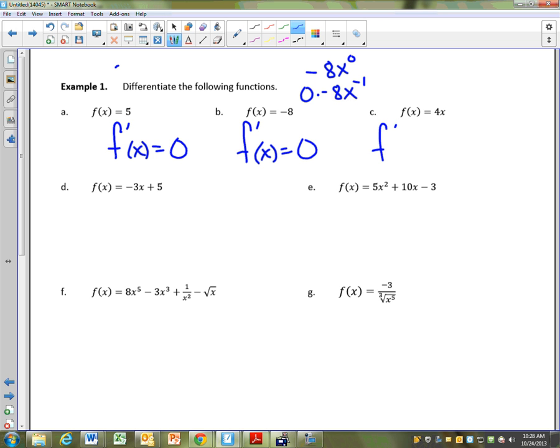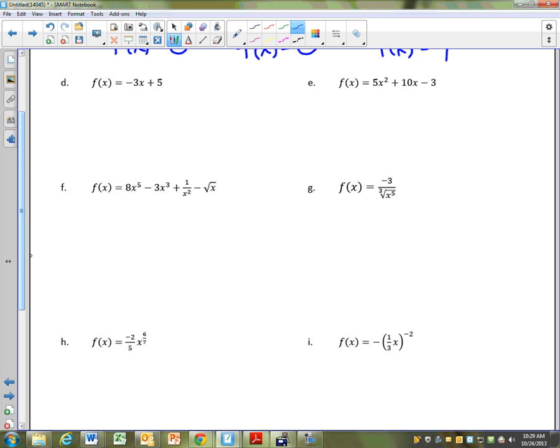Here's how it works in the power rule. You have 4x to the 1, and you bring the 1 out front: 1 times 4x to the 0. What's anything to the 0? So you have 1 times 4 times 1, which is 4. So you can see it does work out with the power rule. A lot of times people forget about the constants or the linear terms and how they work out like that.